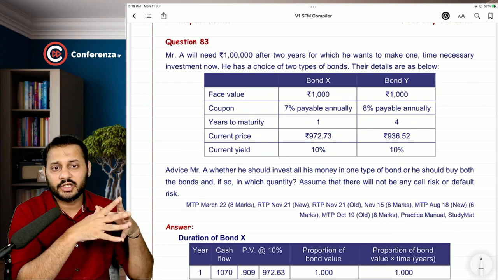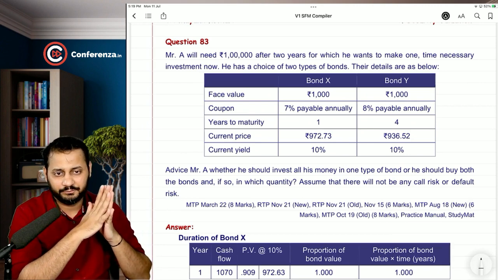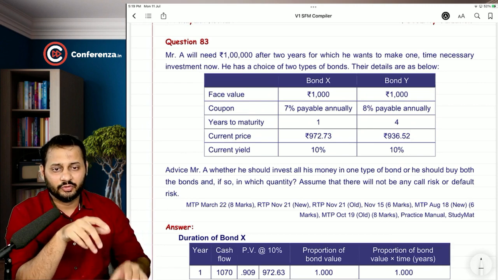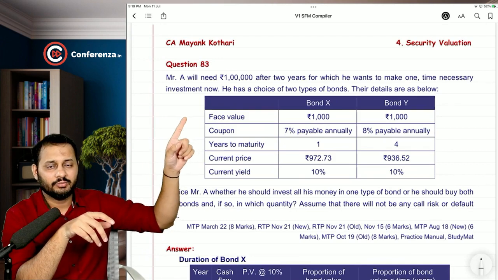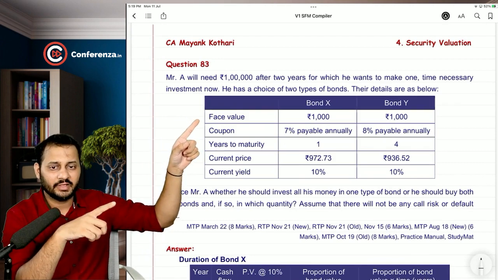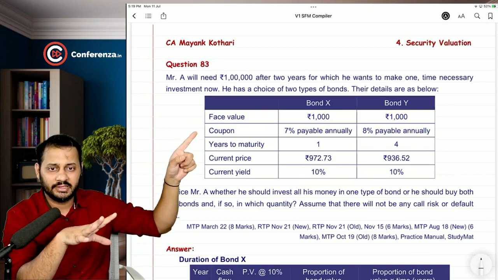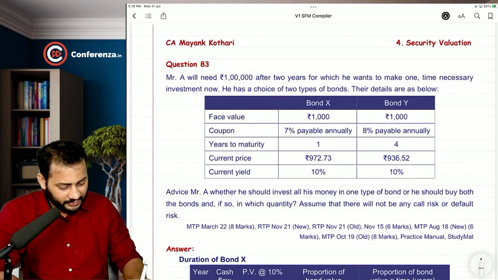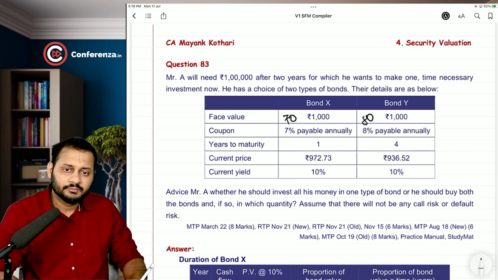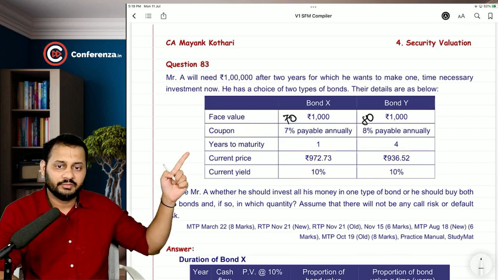And he has two choices of bonds. Their details are as follows: bond X and bond Y have the same face value. Coupon rate is different, 7% and 8%. So once you invest in bond X, you will be getting 70 every year, 80 every year. Years to maturity: bond X 1 year, bond Y 4 years.